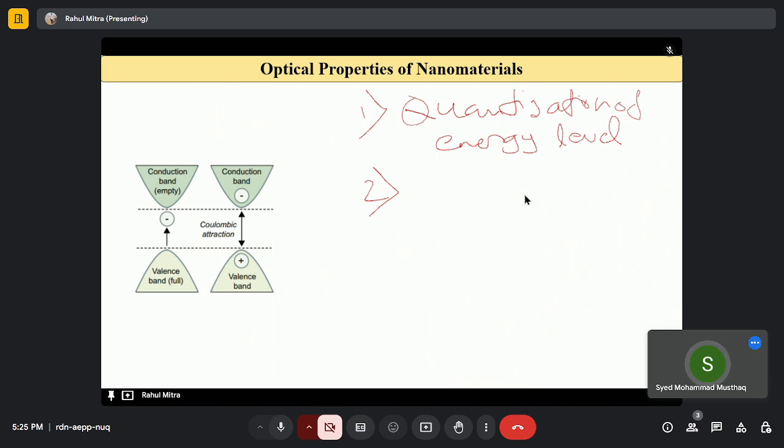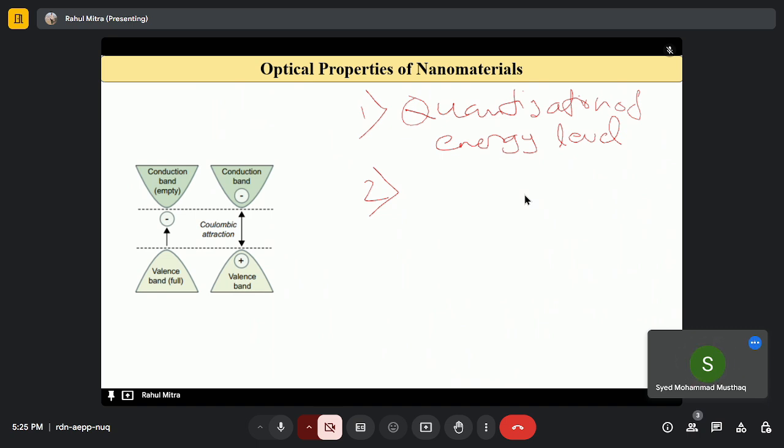Now the size interaction, right? What do we mean by size interaction? Size interaction is nothing but the size of the material, or the size of the nanoparticle, interacting with the external stimuli. That may be a photon, electron, X-rays, anything.